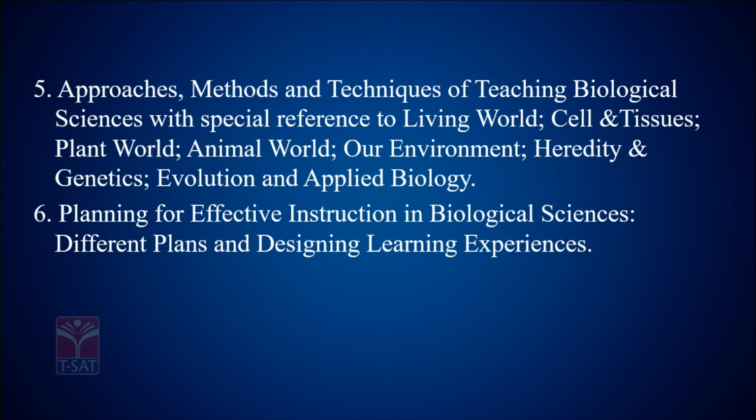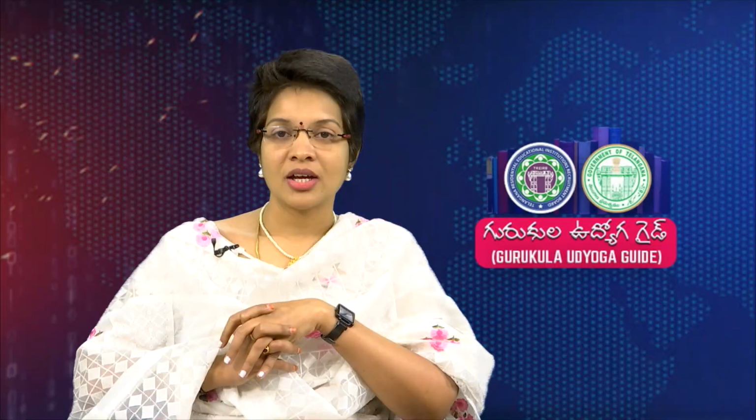Here again I want to tell you one small example. As a biological science teacher or as a botany teacher, you want to tell your students that potato contains a lot of starch, right?